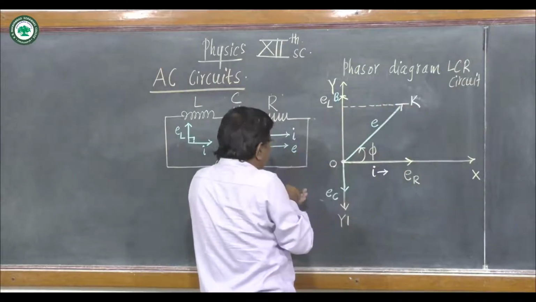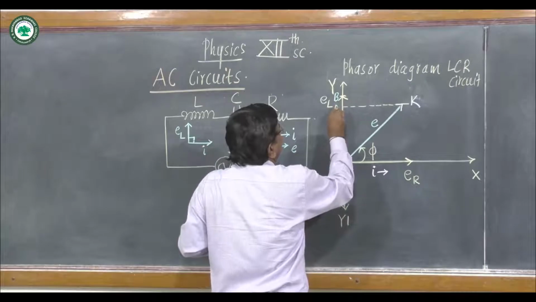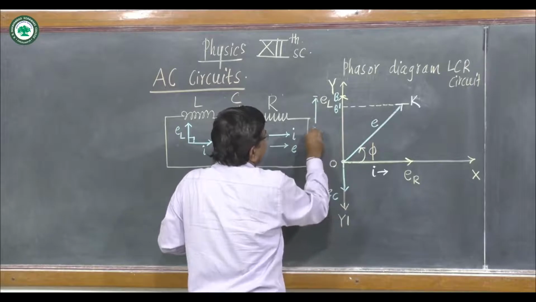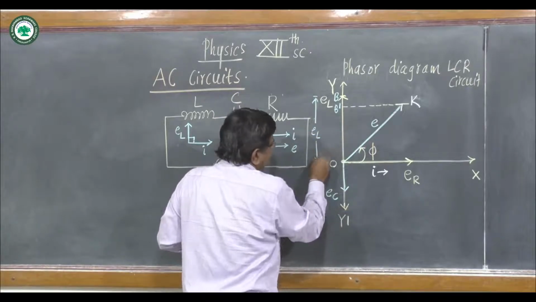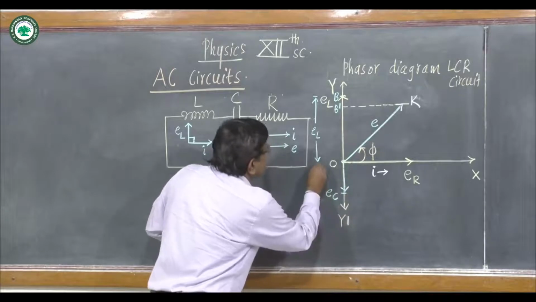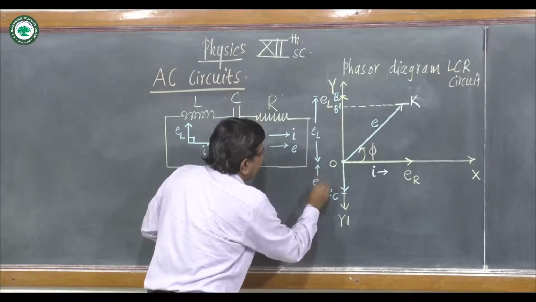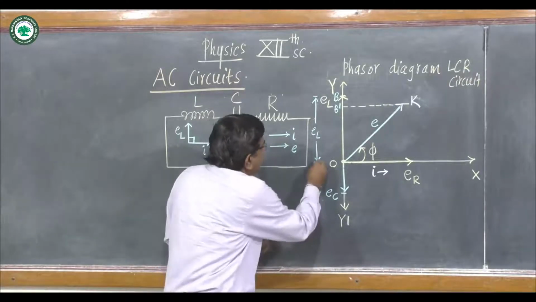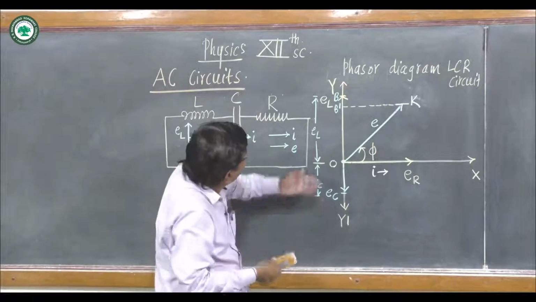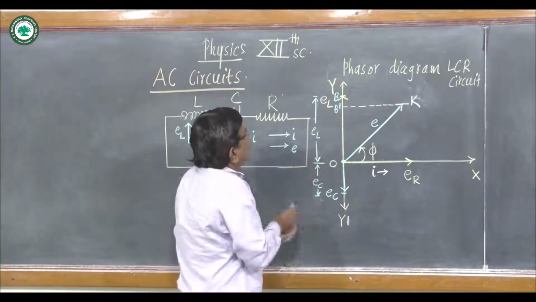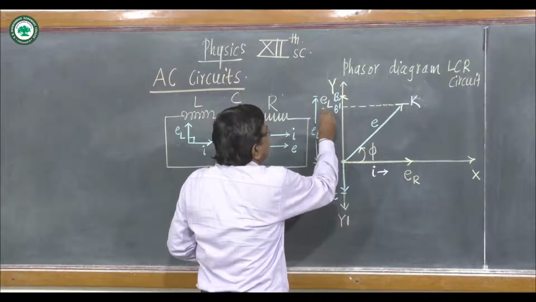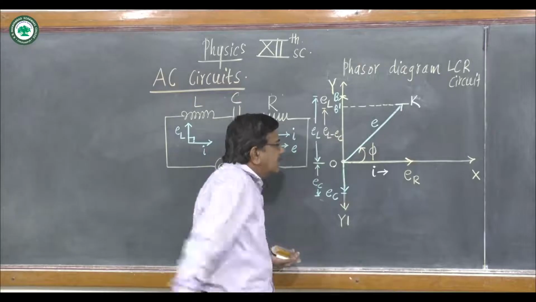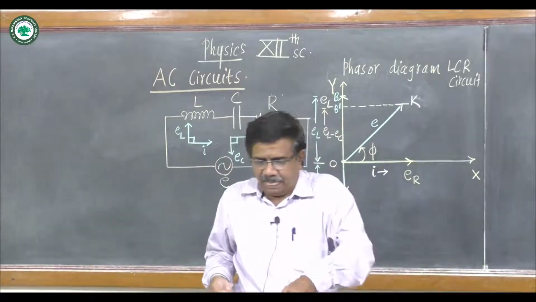Suppose this point is B dash, O to B is EL, O to this point is EC, but EL minus EC is in the direction of EL, and up to B dash, this part is EL minus EC.